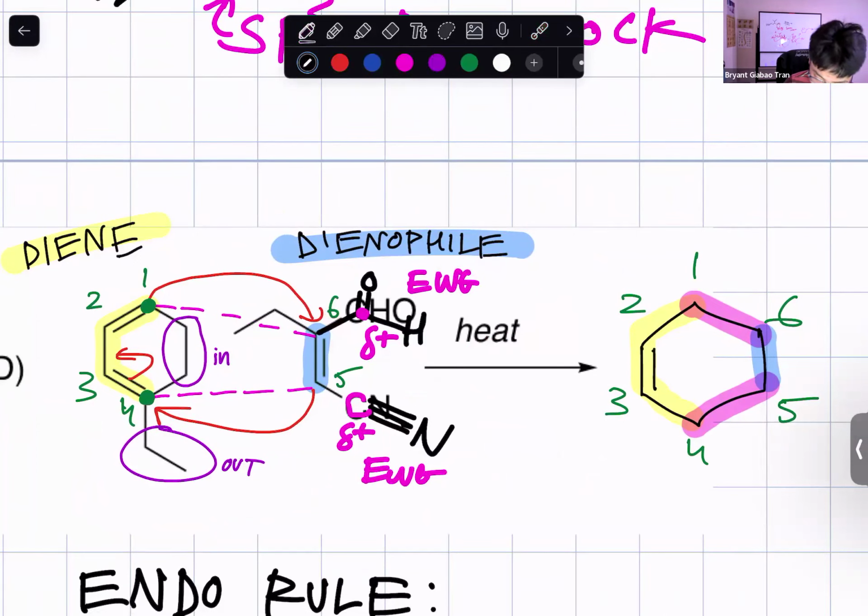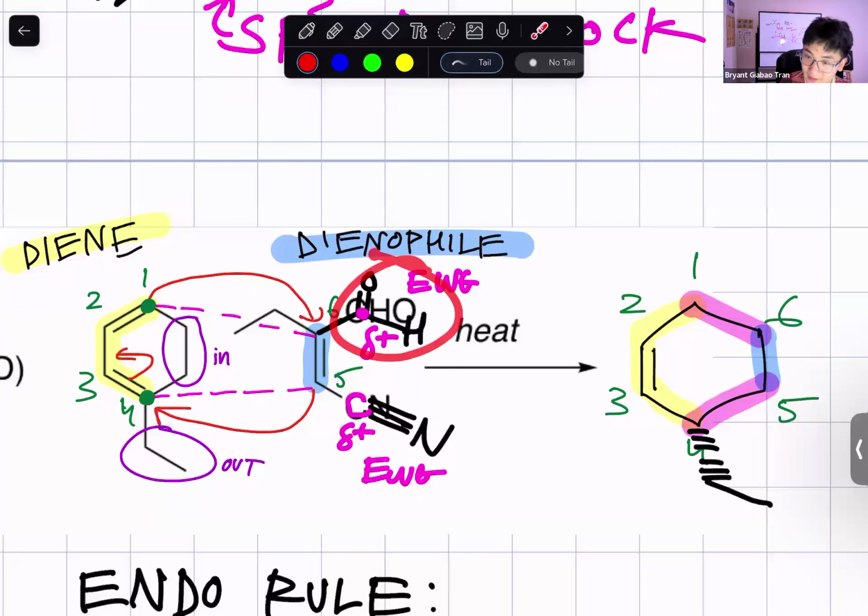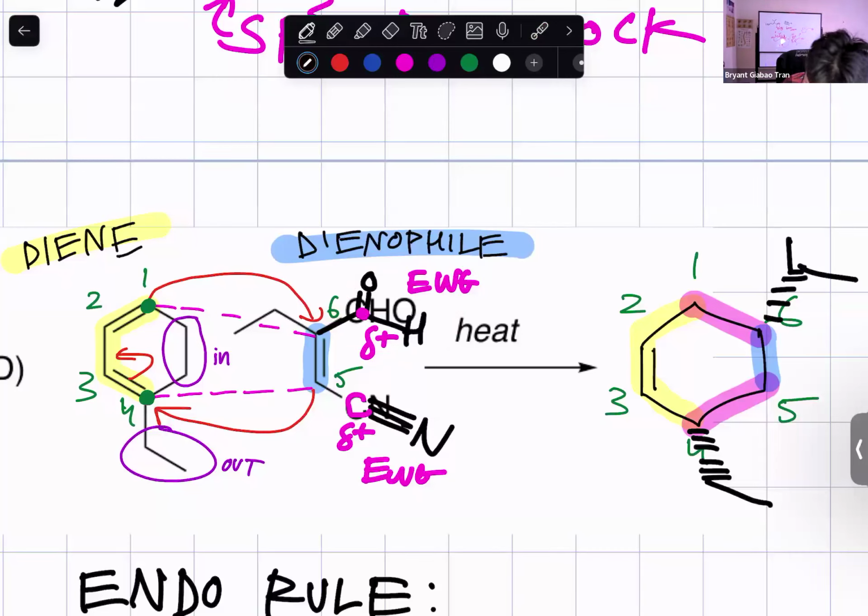And if our aldehyde is the EWG and I choose to make my ethyl group a dash ethyl, what stereochemistry would the aldehyde have to be in relation to the ethyl group? If I am choosing my aldehyde to be the EWG, it has to be cis to it, right? So if I made the ethyl group a dash, that aldehyde would also have to be a dash, like this, right?